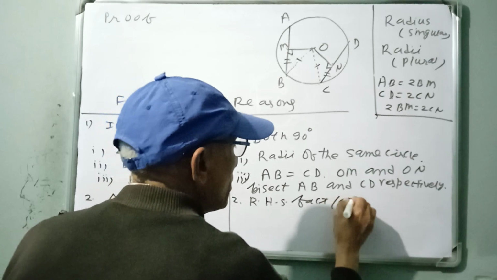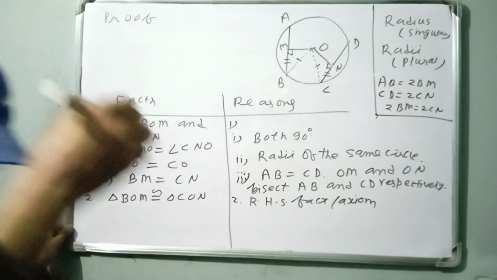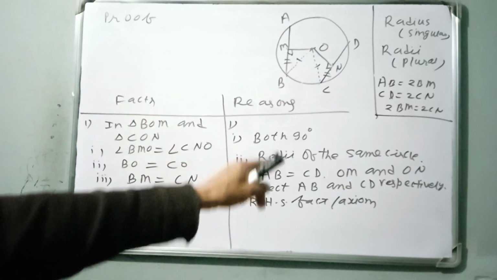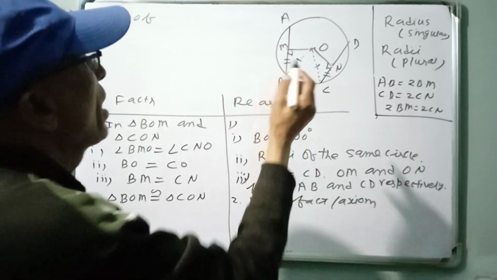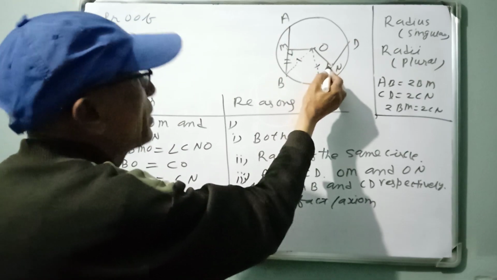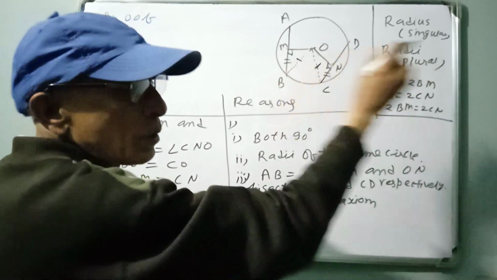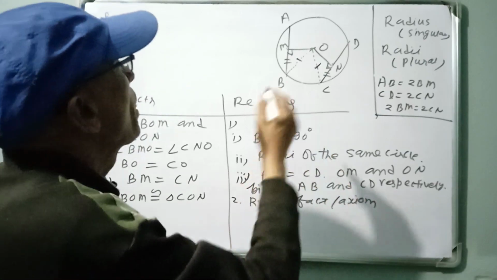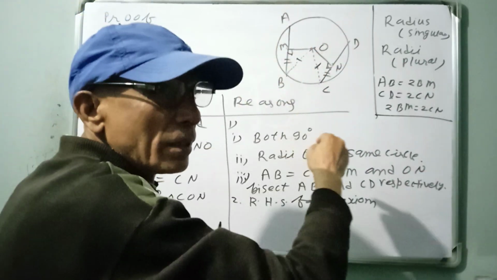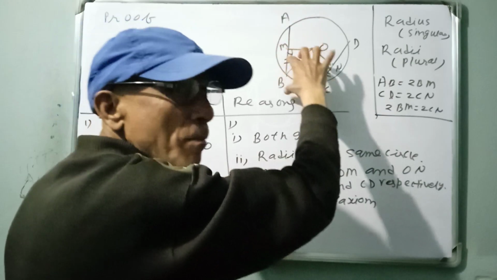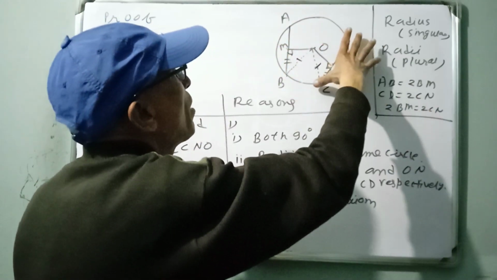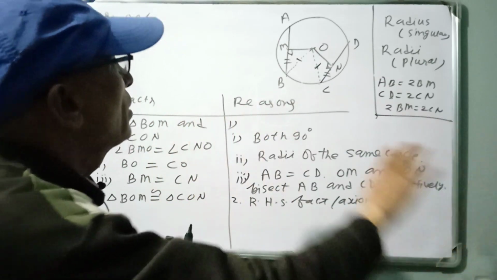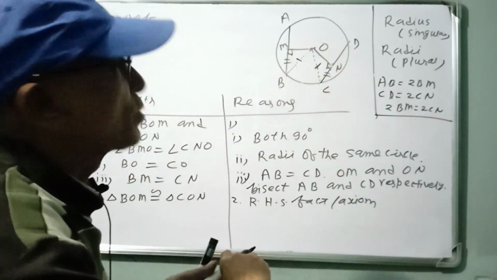From the RHS fact, triangle BOM and triangle CON are congruent. Why? Right angle equal. Hypotenuse equal, because they are the radii of the same circle. Since AB equals CD, half of AB is BM, Theorem 1. Half of CD is CN, Theorem 1. Therefore, these halves are also equal.